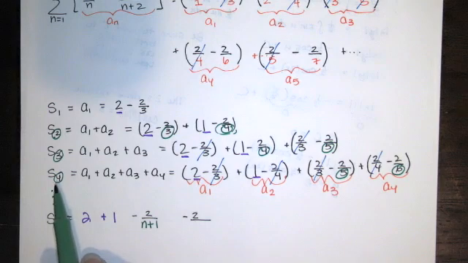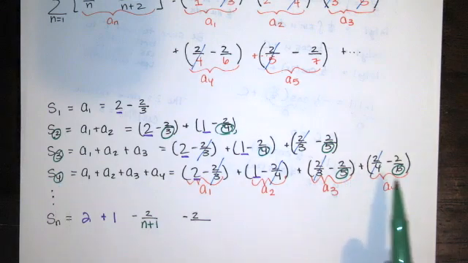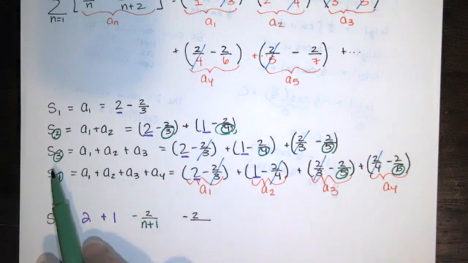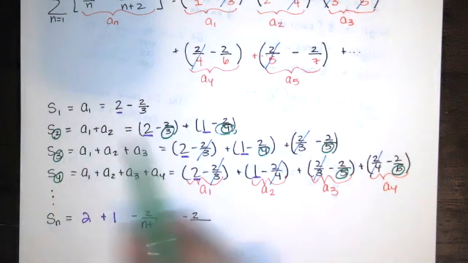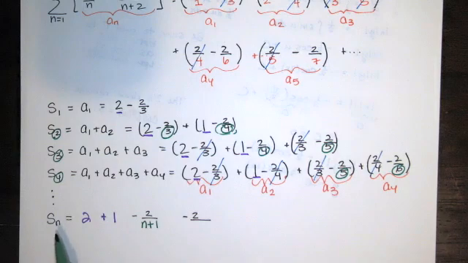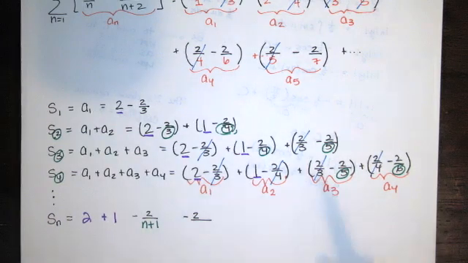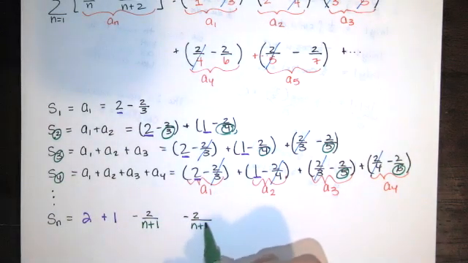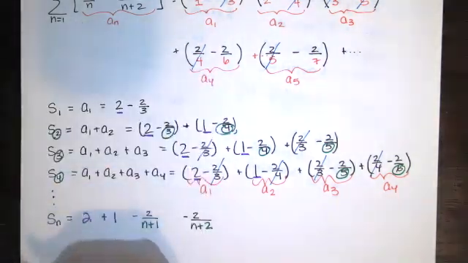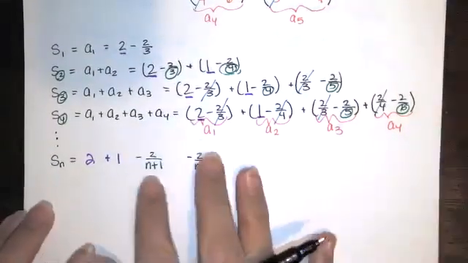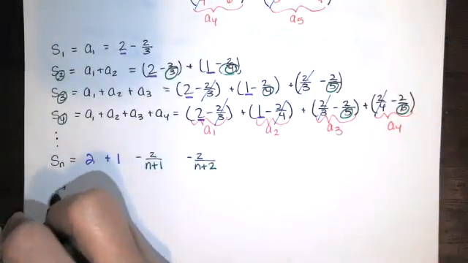If n is 4, n plus 1 is 5, n plus 2 is 6. If n is 3, 1 more than that is 4, 2 more than that is 5. If this is n, 1 more than that is n plus 1, 2 more than that is n plus 2. So that is our nth partial sum. The limit of that as n goes to infinity is the sum of our original series, provided that that limit exists, and it does.